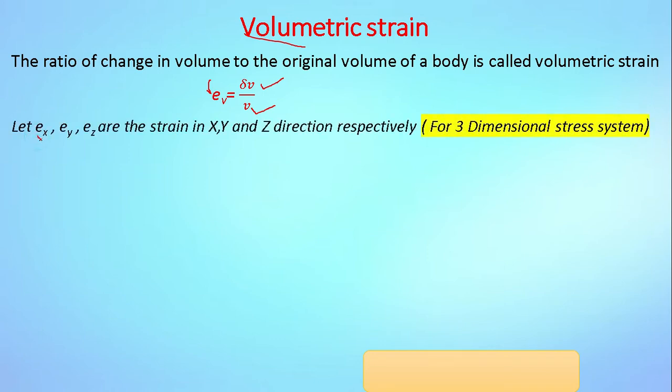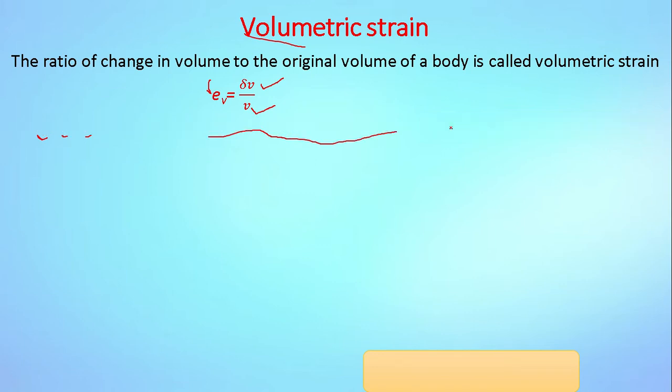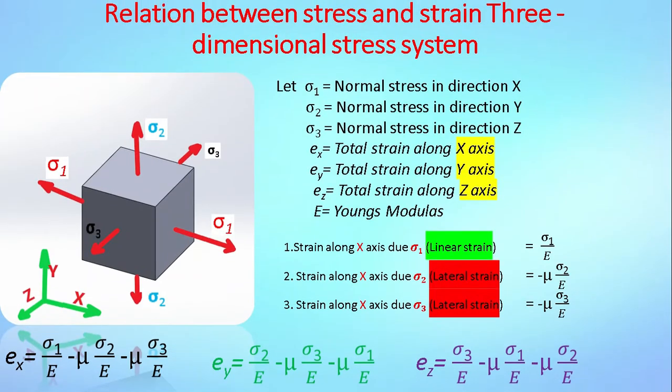Let Ex, Ey and Ez be the strain in x, y and z direction respectively. In previous slide, we have formulated the values of strains for the three-dimensional stress system.